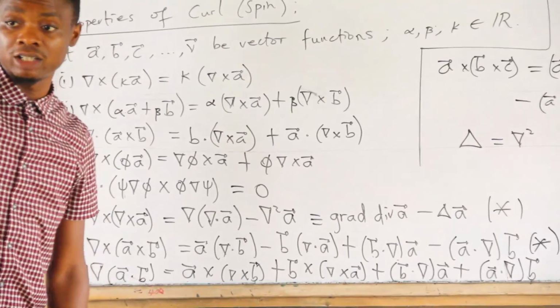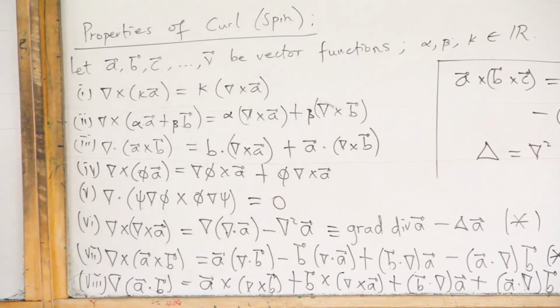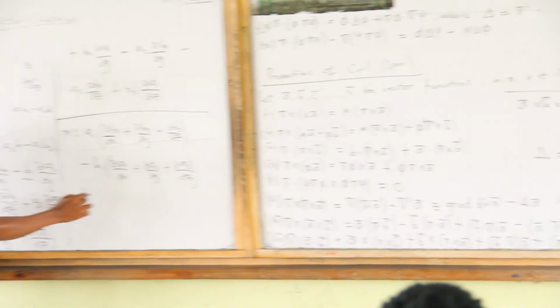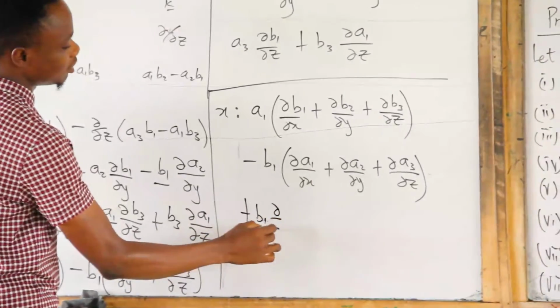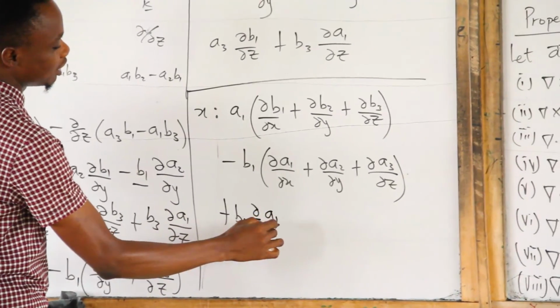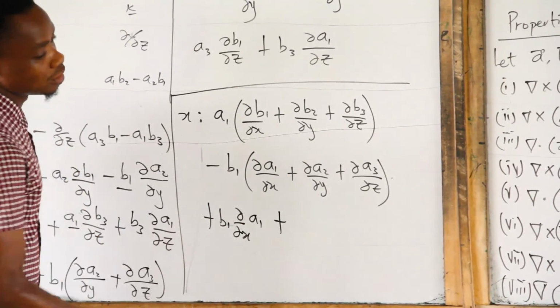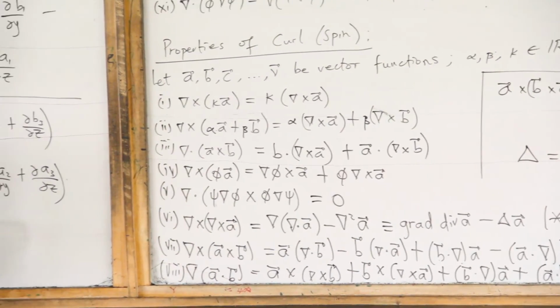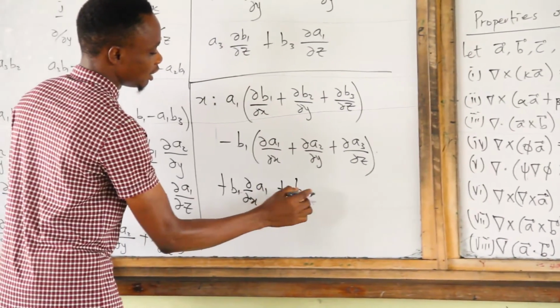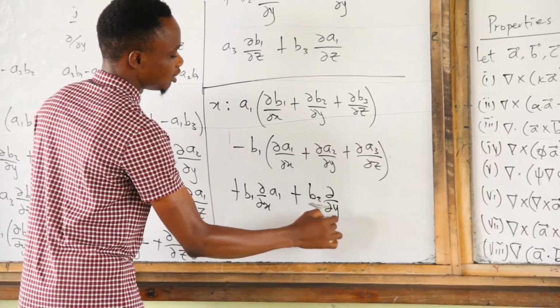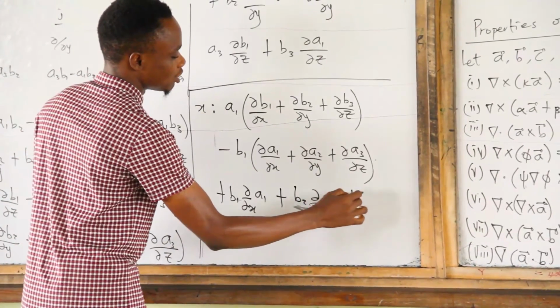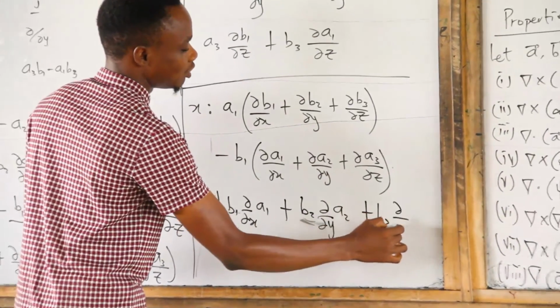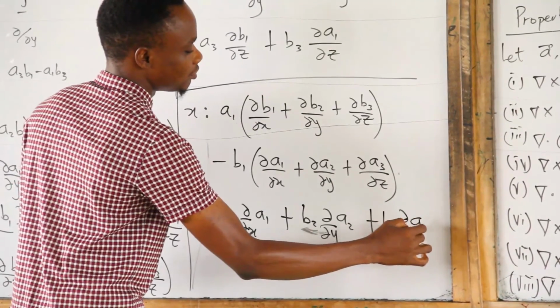So that's going to give you plus B1 del X of A1, Abi, plus, you know, this one is a scalar itself. You carry all of them. So that would be plus B2 del Y of A2 plus B3 del Z of A3.